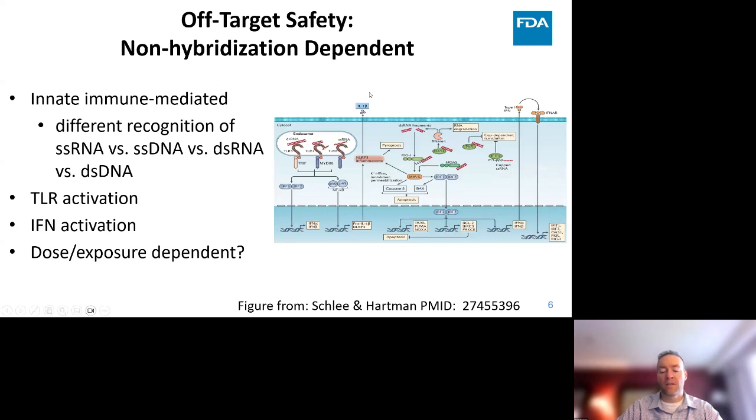It's important that oligonucleotides avoid these, otherwise they're not going to be very well tolerated. Many patients do not like experiencing these effects. Again, there are still some questions about the dose exposure dependency here, but most oligonucleotides are selectively, synthetically modified to avoid these pattern sensing receptors.